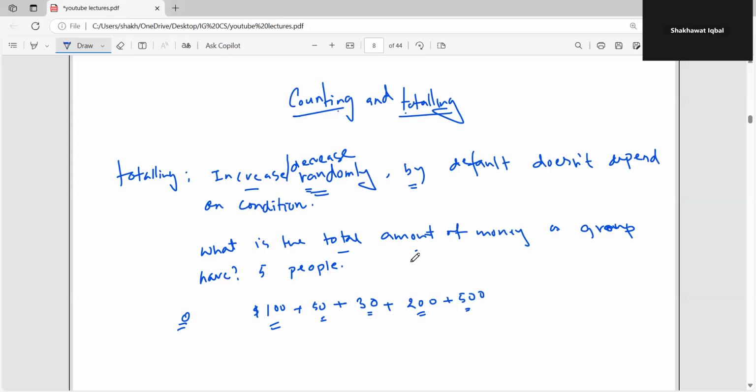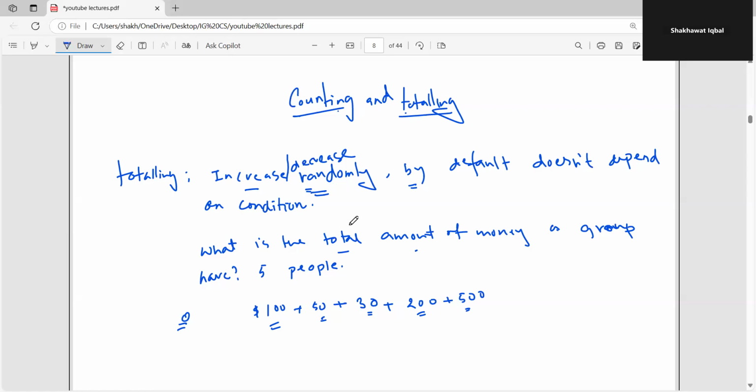Whatever the amount you have, whether no amount, $100 or $500, whatever random value you have, it will be added to the total.